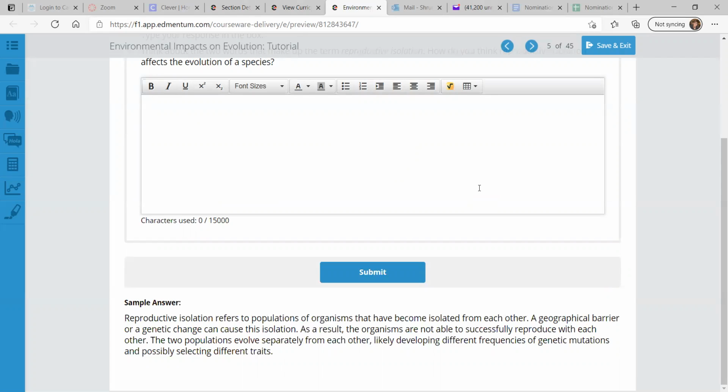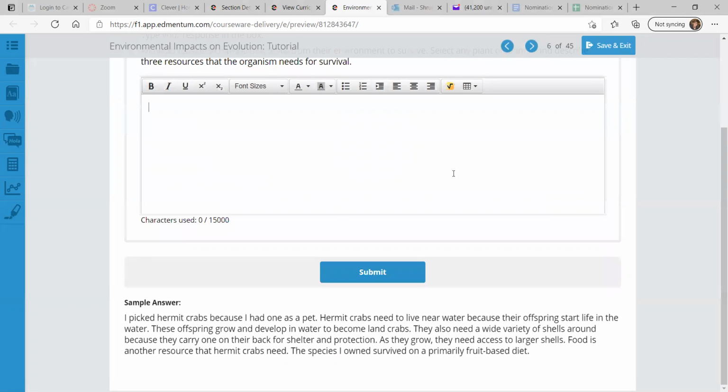The two populations evolve separately from each other, likely developing different frequencies of genetic mutations and possibly selecting different traits. So, that will become a little more clear by the time we get through this lesson.